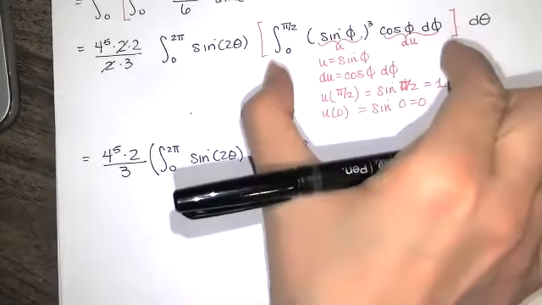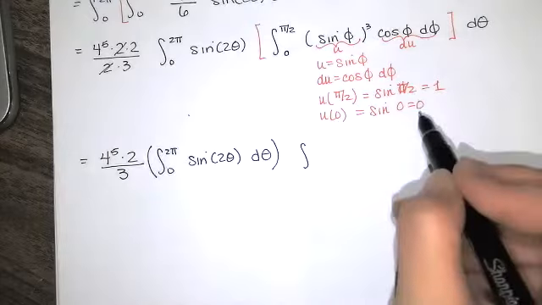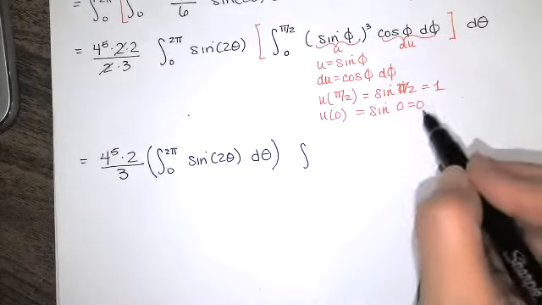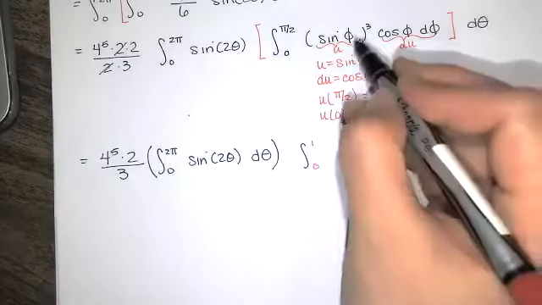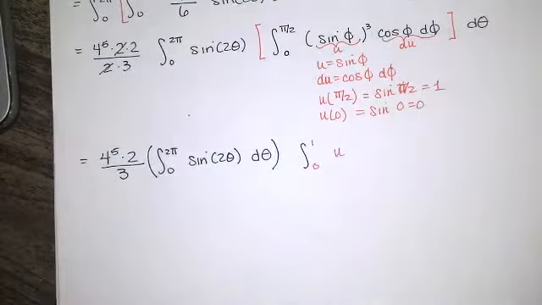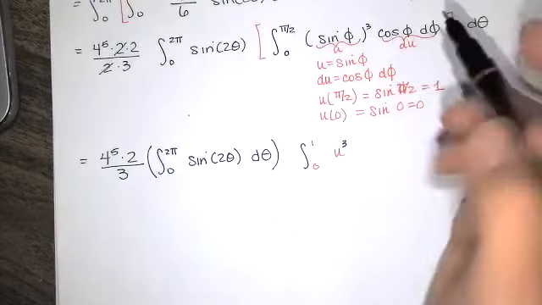Now this integral in the red brackets can be rewritten this way. Our new bounds are bounds for u. u goes from 0 to 1. And then this is a u cubed, and this piece is du.